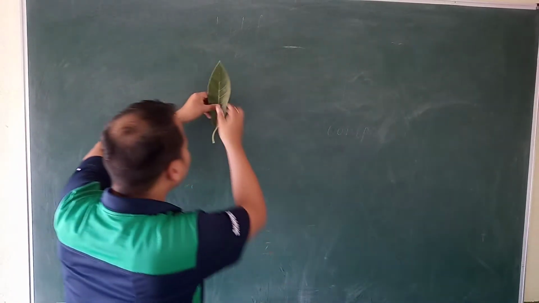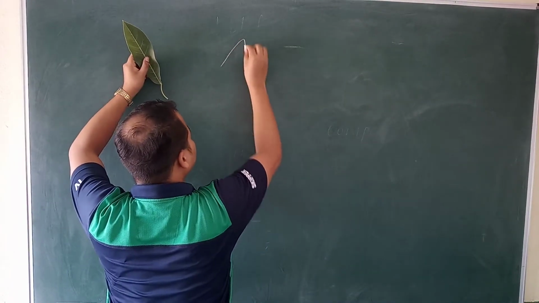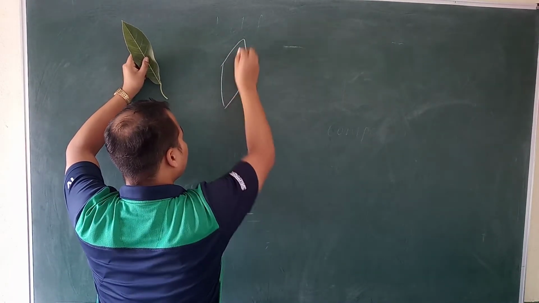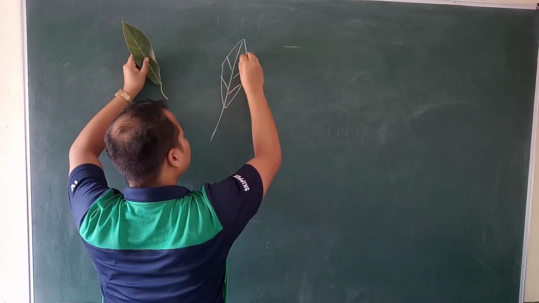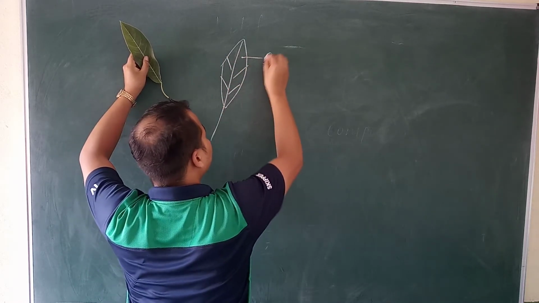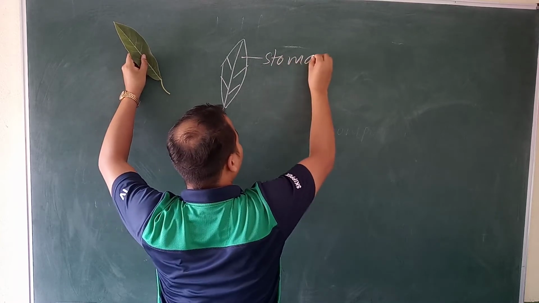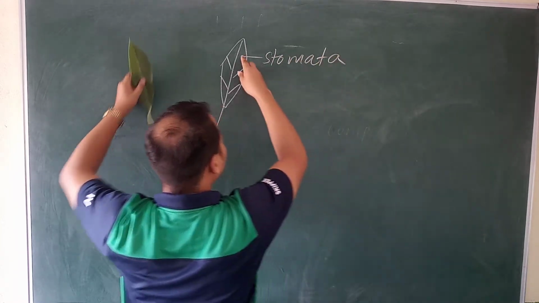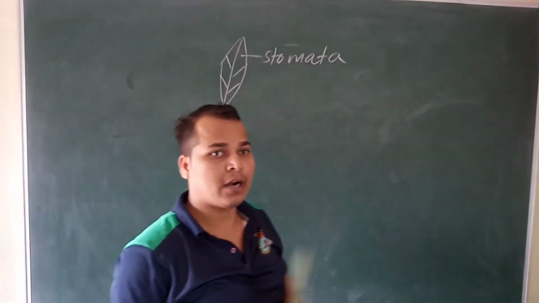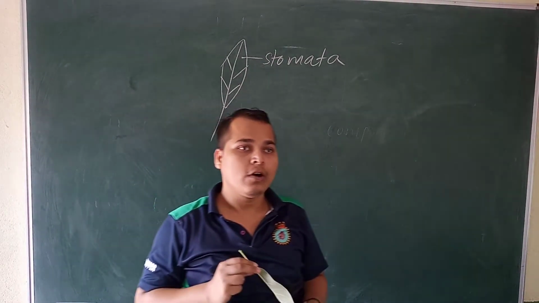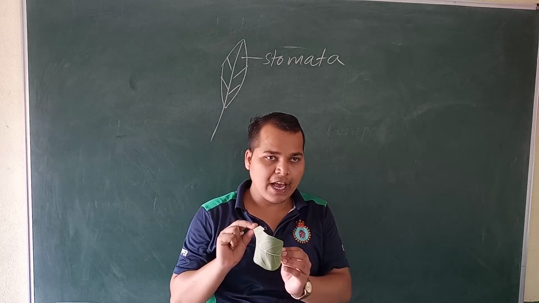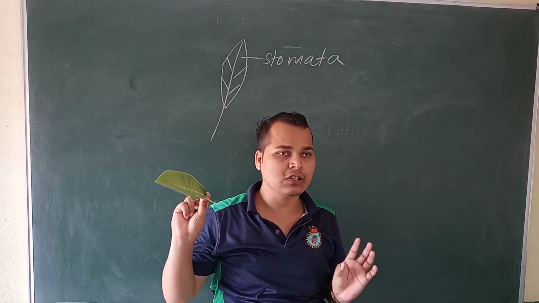From these leaves, you will find some openings. This opening is called a stomata. What is the function of a stomata? It takes carbon dioxide and releases oxygen, yes or no?